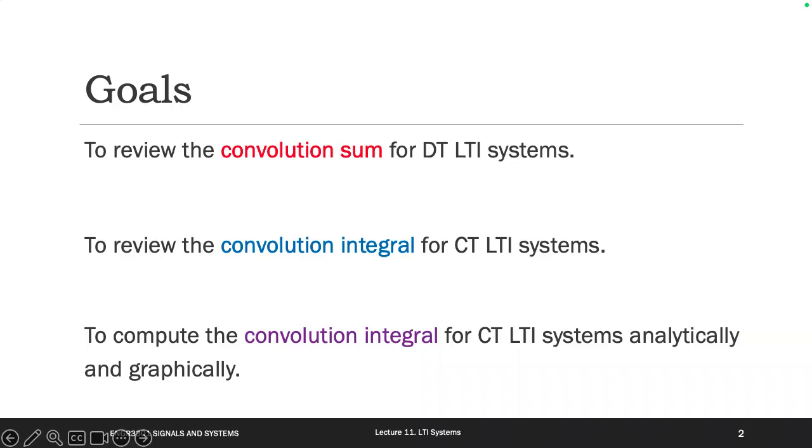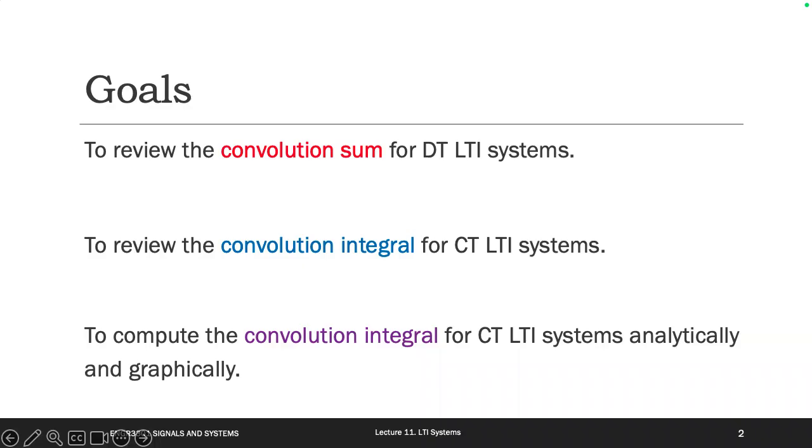Since you can easily define your input signal and your impulse response, you can use them to represent the whole system.